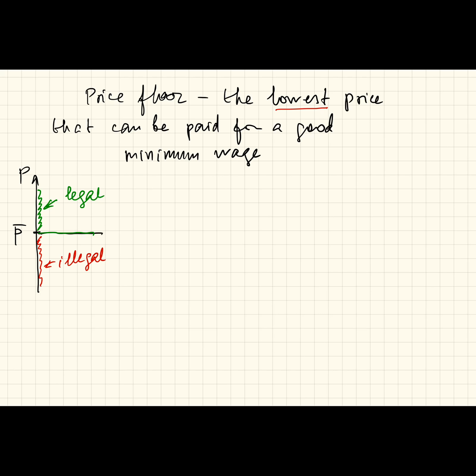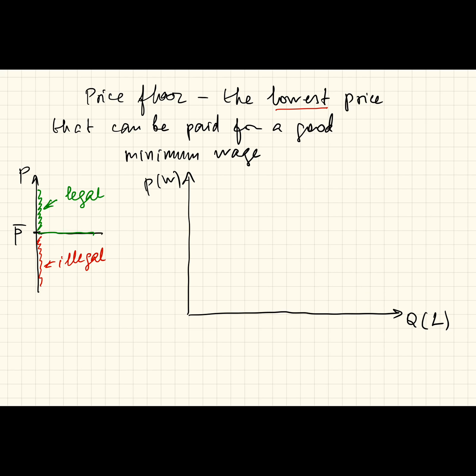Now let's look at a supply and demand diagram to see how it works. So we're talking about minimum wage. Generally speaking, this is price, but to be exact, it's wages. Generally speaking, this is quantity, but specifically it's labor.